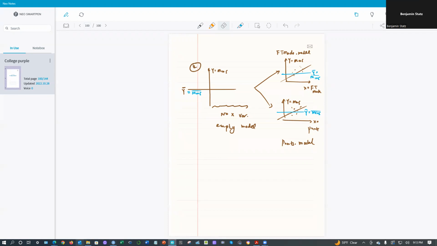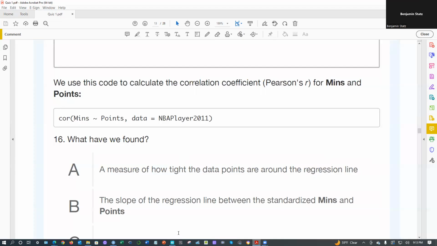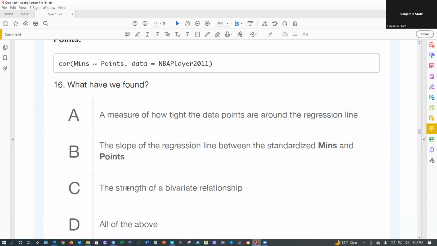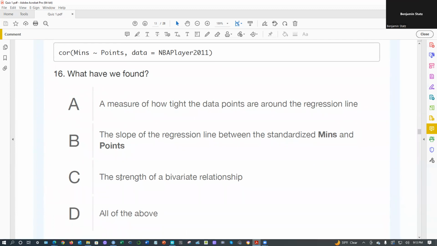That is the correlation coefficient. Also, it is the slope of the regression line between the standardized minutes and the standardized points. And it is the strength of the bivariate relationship. Yes, all these three are definitions of the correlation.